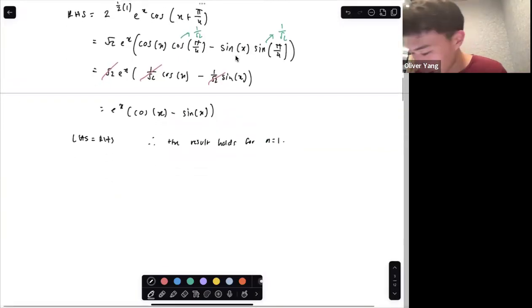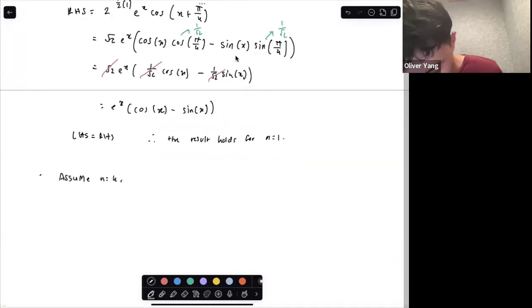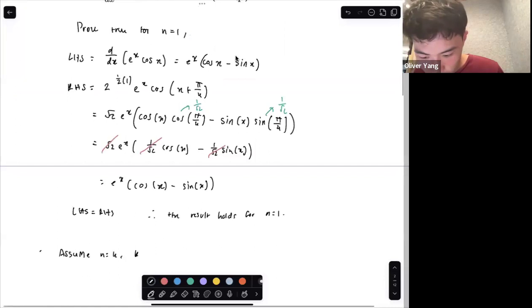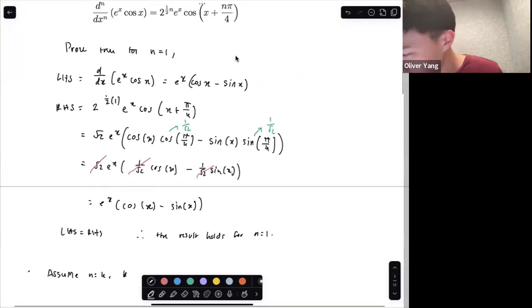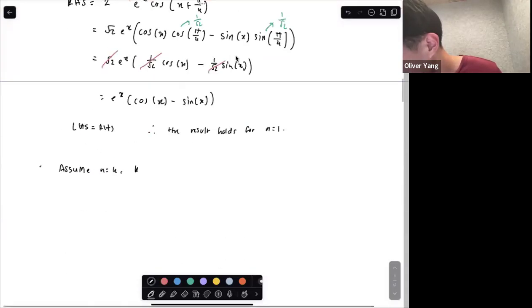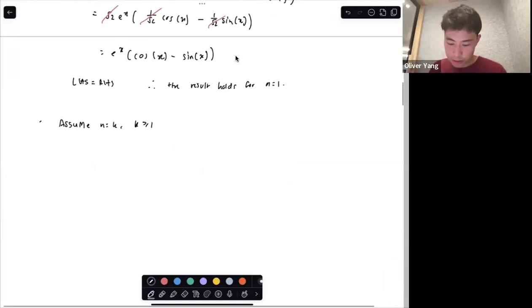All right, and then obviously the second step is to assume n equals k, for k more than 1. I forgot to write that in there. For k more than 1, and also an integer.